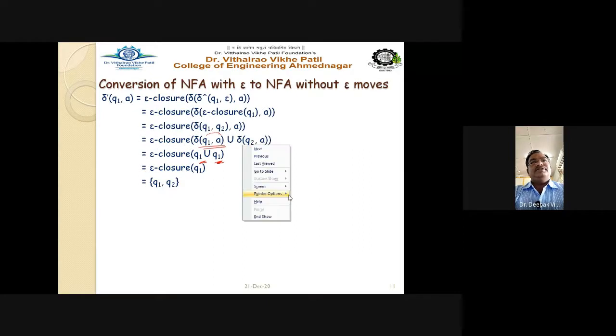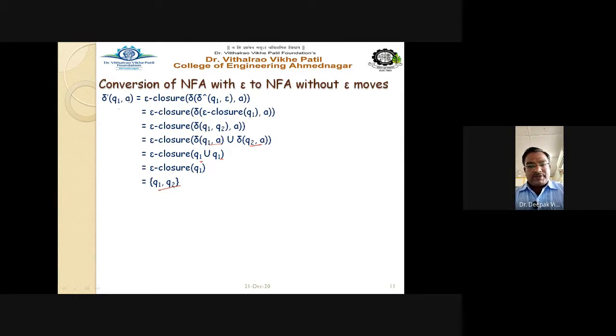So q1 on a and q2 on a give q1. That's why e closure of q1 is nothing but your q1 q2. Now the meaning is that in the resultant NFA, our q1 state on input a goes to q1 state itself, which means it is a self loop, and it will also go to q2 state.